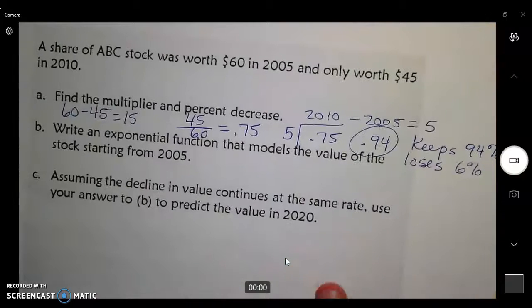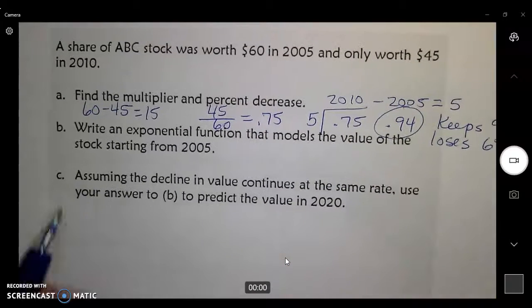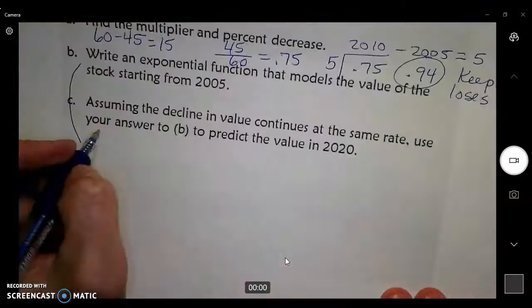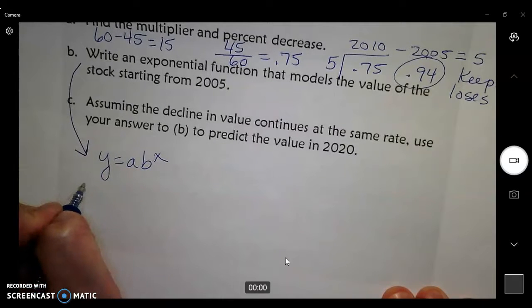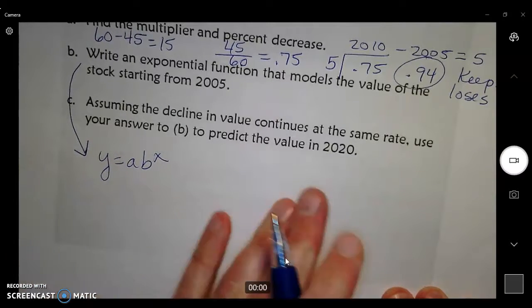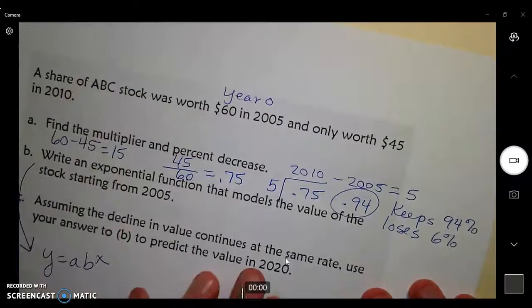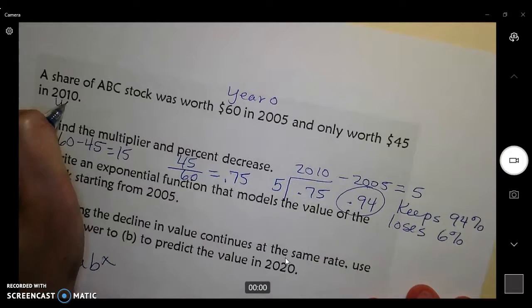There's probably a better way to do this, and I'm going to show you how to do that by actually doing part B first. So we're going to do part B first. I'm going to do it down here, and we're going to do the same thing that we just did on the other 2 slides. So y equals ab to the x. We're going to make this one here be year 0, and then this one here will be 5 years later, so this one will be year 5.